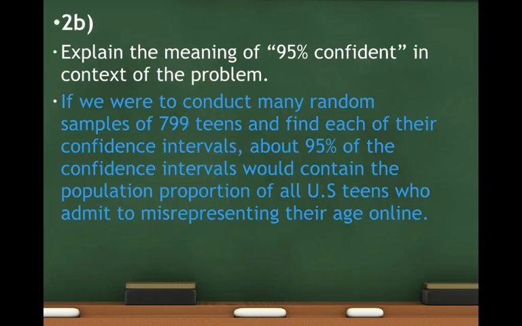What we're saying is about 95% of those intervals will contain the true population proportion of all the teens who lied about their age. So 95% of the time, we would have captured the true population proportion. That is what that 95% is trying to tell you.